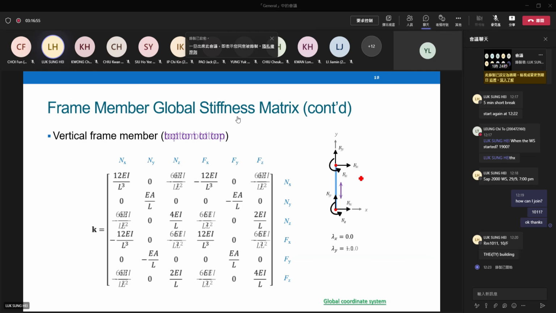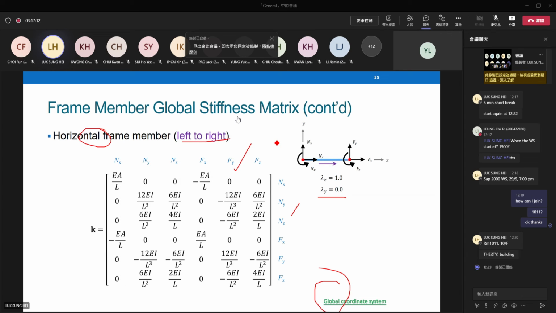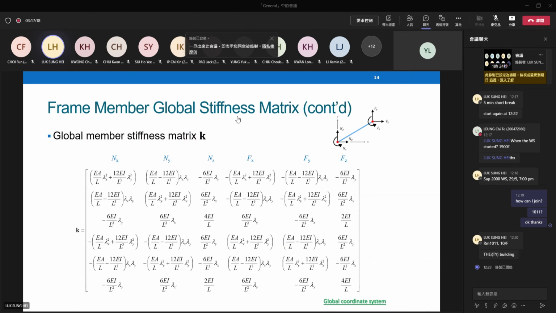The next line shows the opposite: if the member points downward, lambda y becomes -1, and then it becomes the matrix you use. So you can use the matrices on pages 15, 16, and 17 during the quiz or examination. Or in general, you may use the one on page 14, which is more complicated but general to all scenarios.